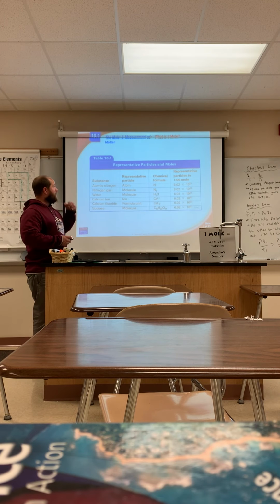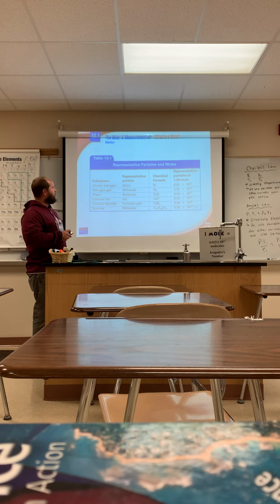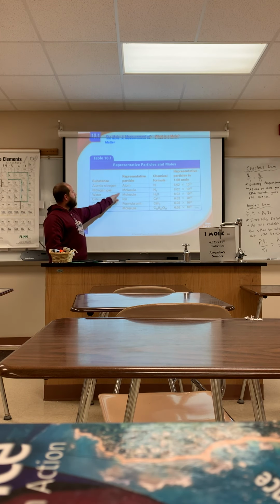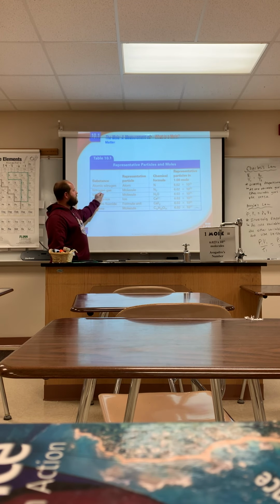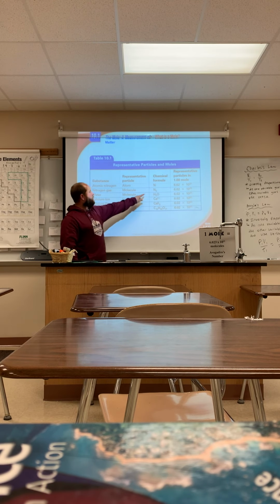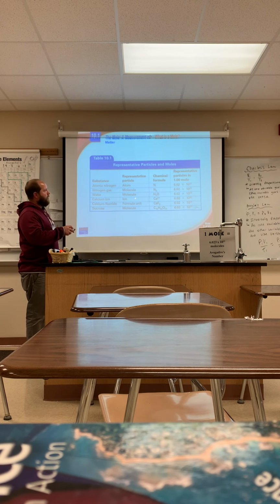So here's another example, a table showing you the meaning of a representative particle. For a single nitrogen atom, 1 mole of that could be 6.02 times 10 to the 23rd. Maybe we want it to be the whole molecule. Well, we can. 1 mole of nitrogen gas would be 6.02 times 10 to the 23rd, which would be that guy right there. We could say water, for instance, that would be a molecule.